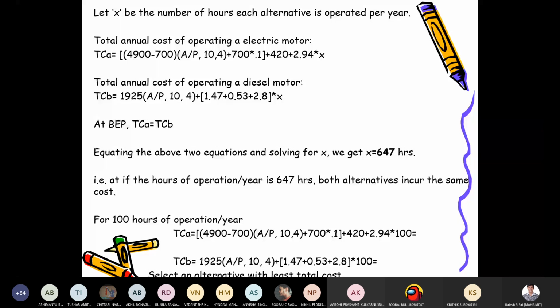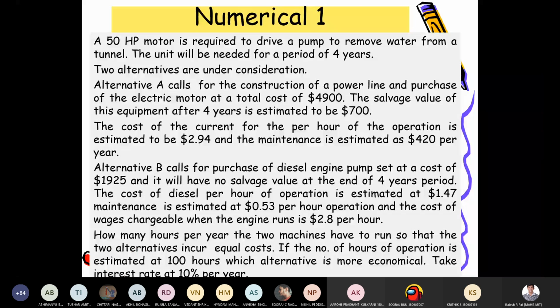Here they have given a company for the construction of a power line and purchase of an electric motor at a total cost of 4,900. So 4,900 is the initial cost, and the salvage value of this equipment after 4 years has been given.